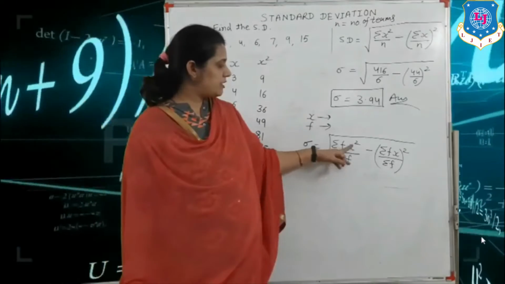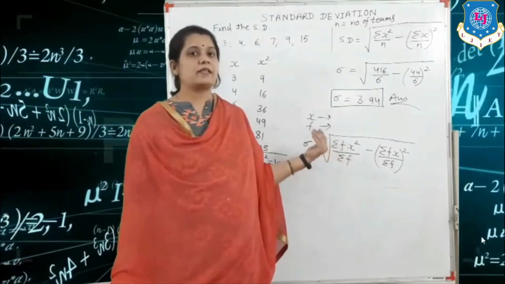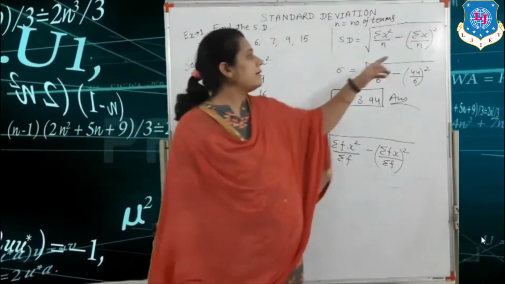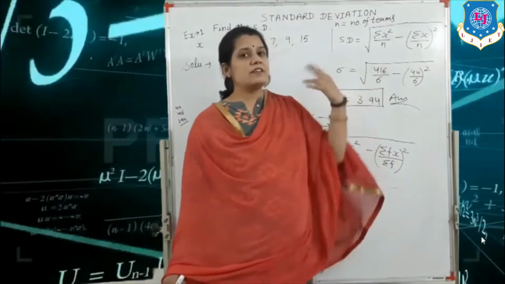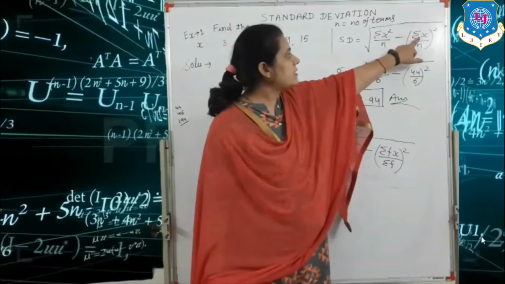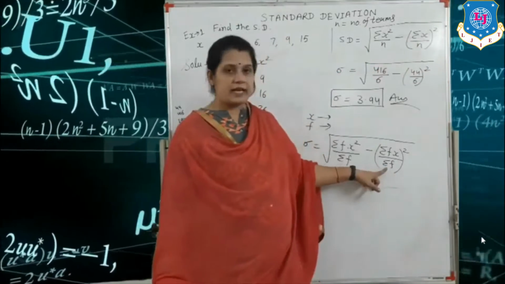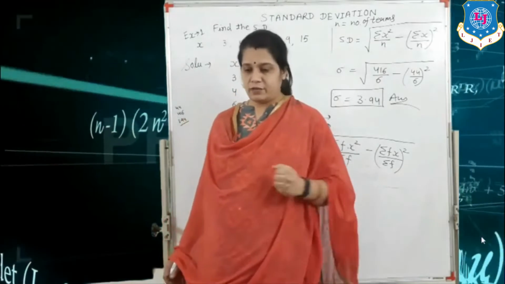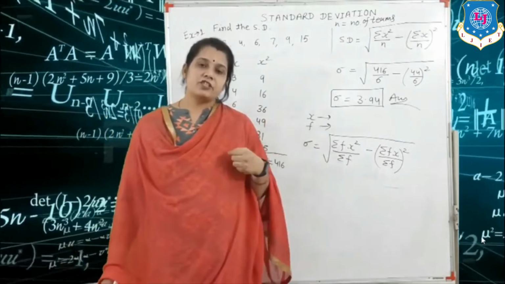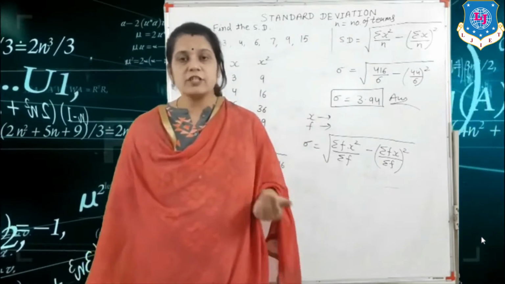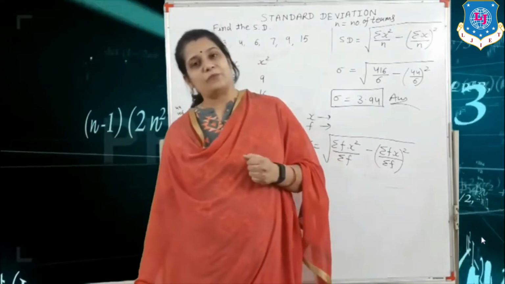So summation f x square upon summation f, that means you write capital N, both are correct, and here summation x upon n. If the question is given with frequency also, we write summation f x divided by summation f, whole square. So this is the formula for finding the standard deviation if your question is given in x and f both form.